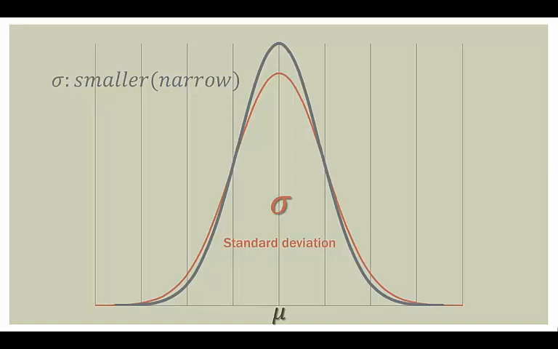And just keep in mind that whatever area difference is at the low side, it's the same as the difference at the top, where it goes above. So just a smaller standard deviation will make the curve, assuming the same mean, narrower and taller. Now the opposite is also true.